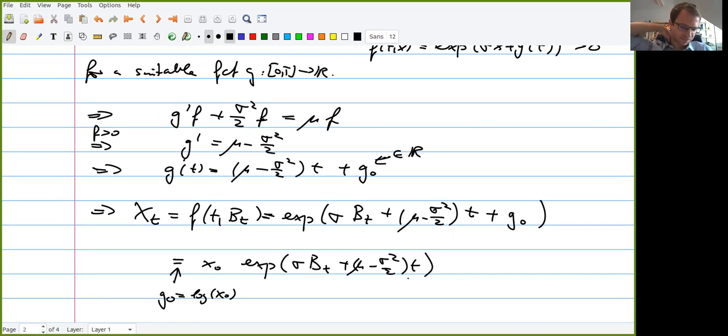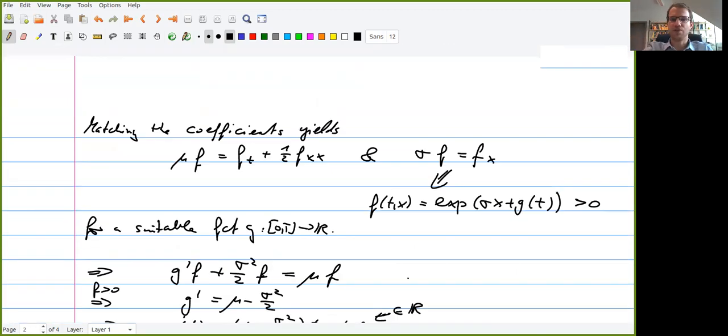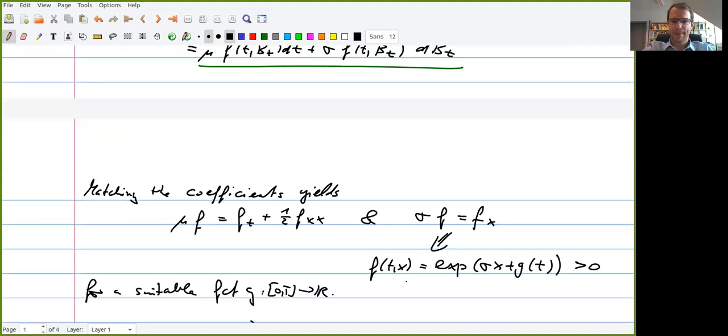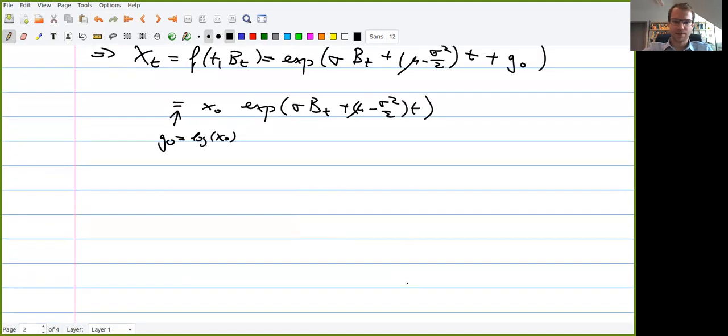All right. So that's the solution of our simple linear differential equation. Note, X_t here is called geometric Brownian motion.